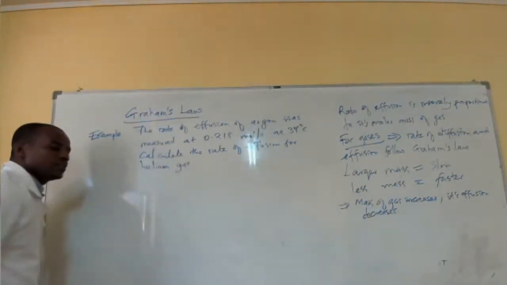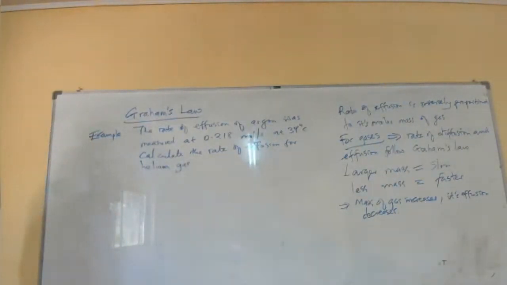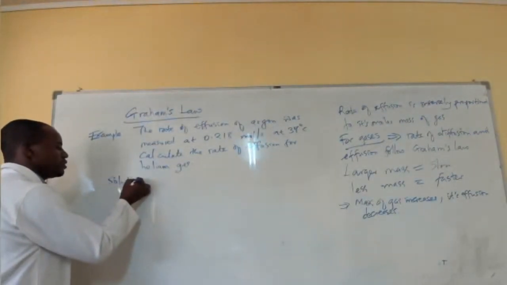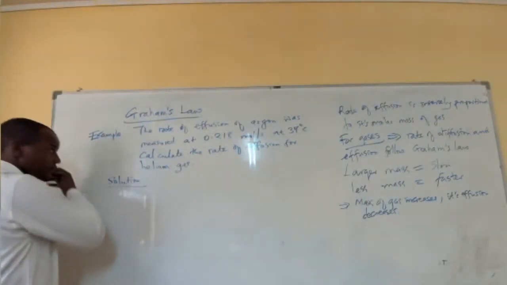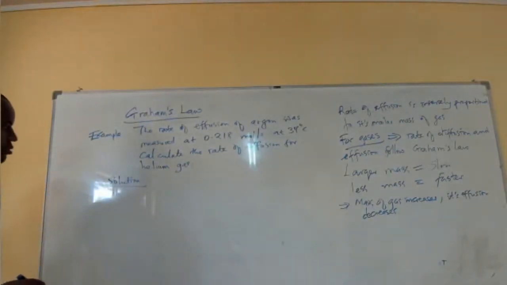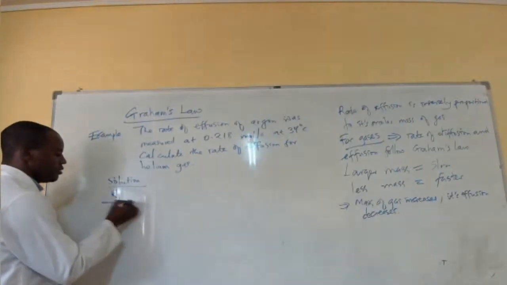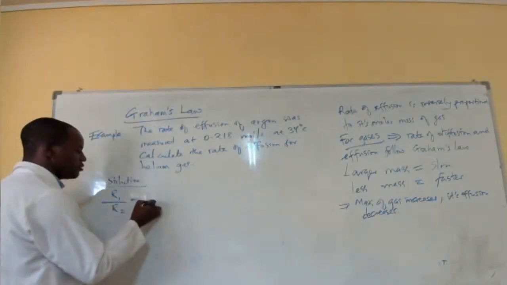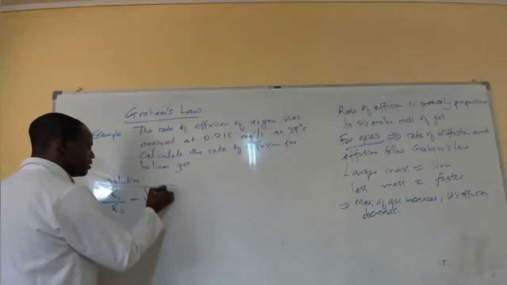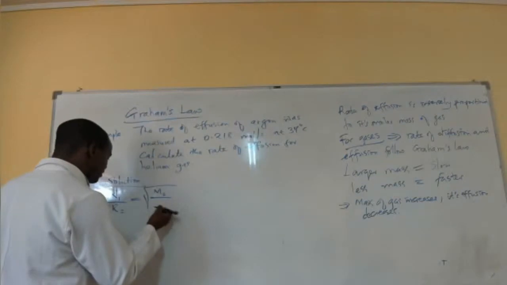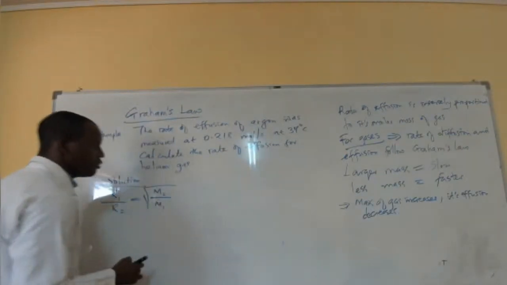Like that. Okay. So here what we want to do is, first of all, to identify that for us to solve this question, we are just going to use the simple formula. R1 over R2 is equal to the square root of the molar mass of gas 2 over the molar mass of gas 1.